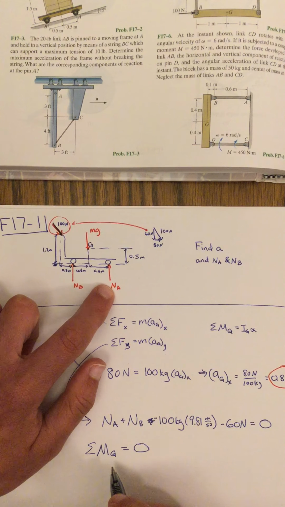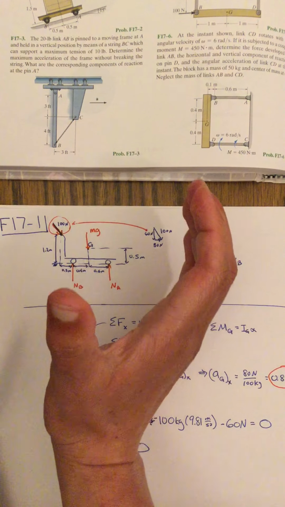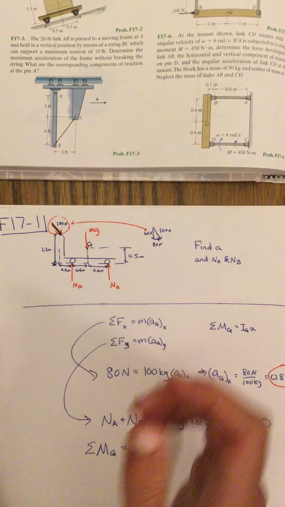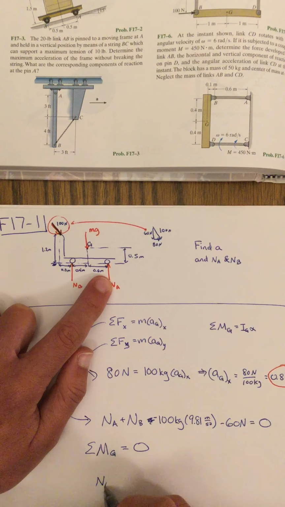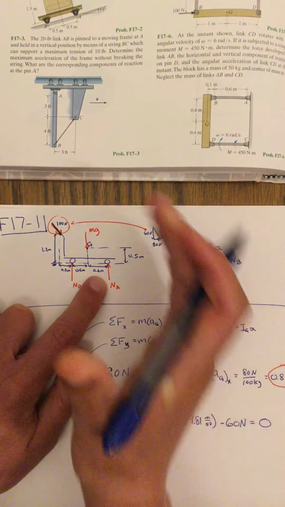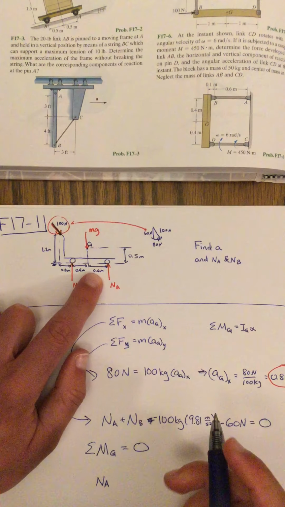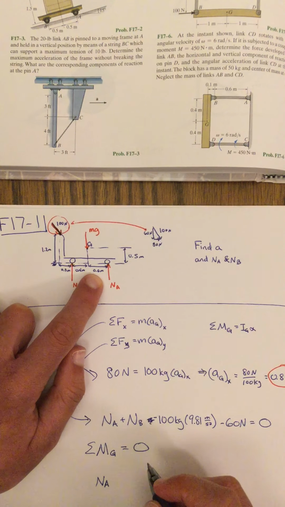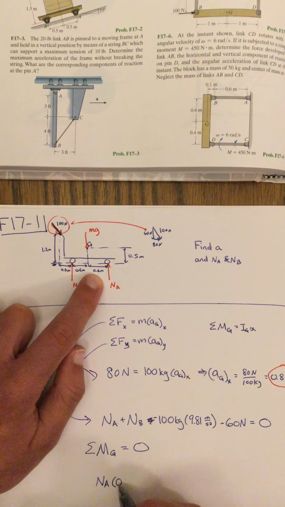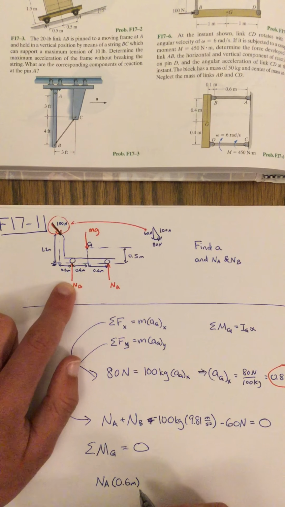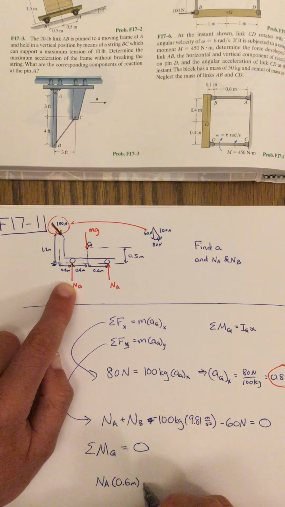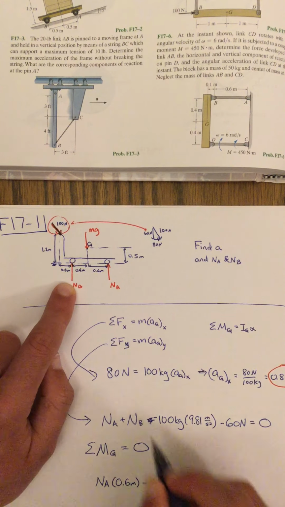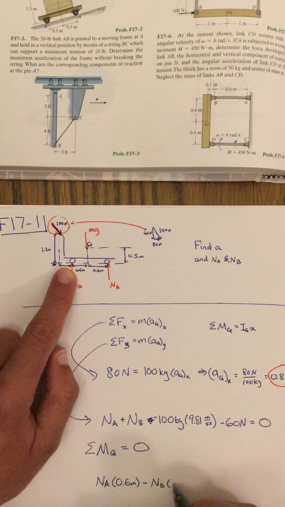Then we have the normal reaction at A, and that causes rotation in the positive direction, and that's NA times 0.6 meters. And NB would cause rotation in the opposite direction, so that would be negative. So it's minus NB times 0.4.